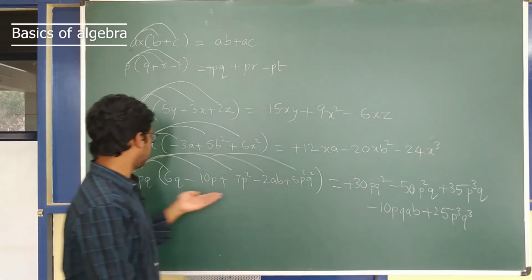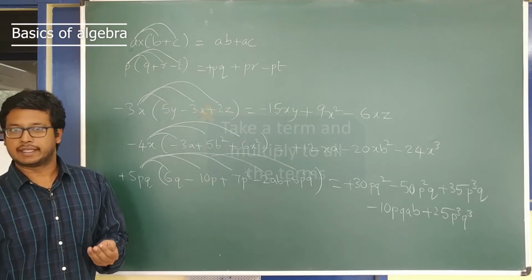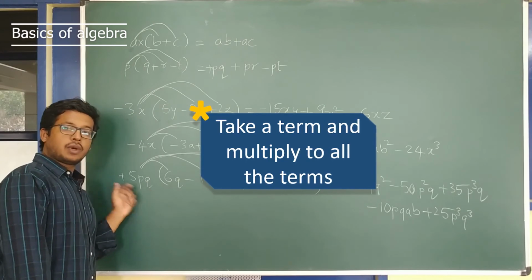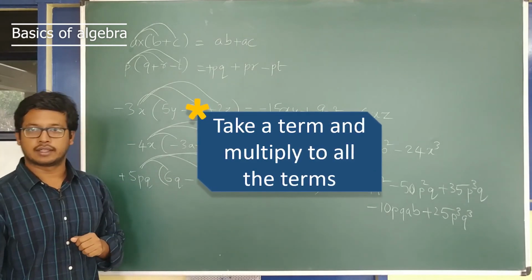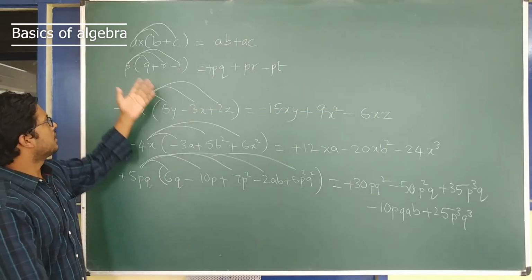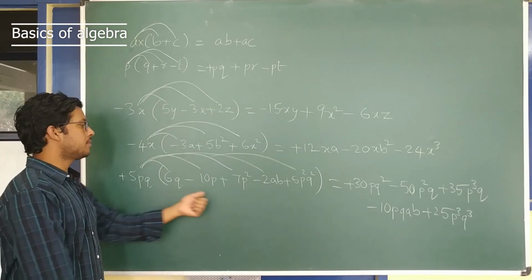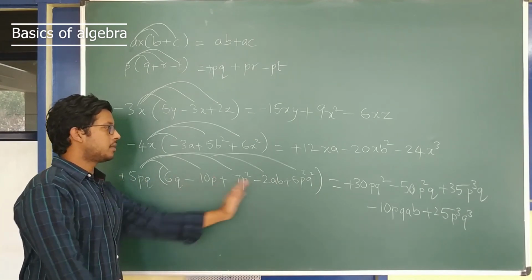So although the expression looks very huge, multiplication is very simple if you follow the simple sutra of starting with one term and multiplying to all the terms. Further we will study how to multiply a polynomial to a polynomial, and we'll still follow the same sutra of taking one term and multiplying to all the terms.